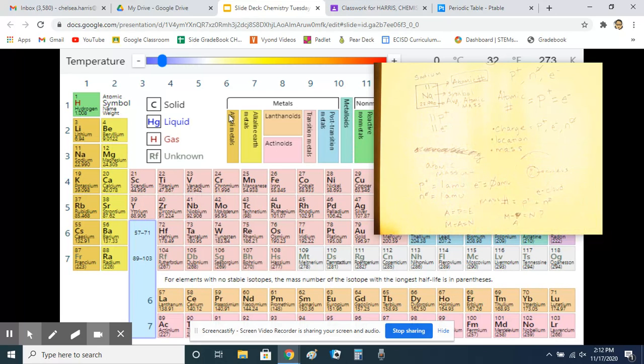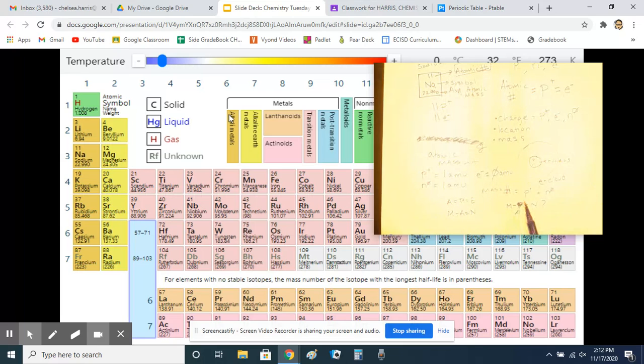When you look at all the different types of sodiums, some of them may be heavier than the others. We take an average of all their masses, and that's the number you see on the periodic table. But that mass number, that average, may not match what you get if you look at one atom of sodium and add up its protons and neutrons to get that mass number. This is the average of all the masses for all the different sodiums.